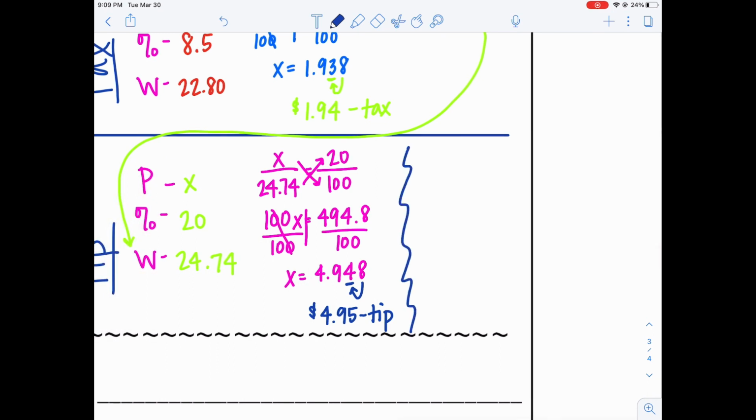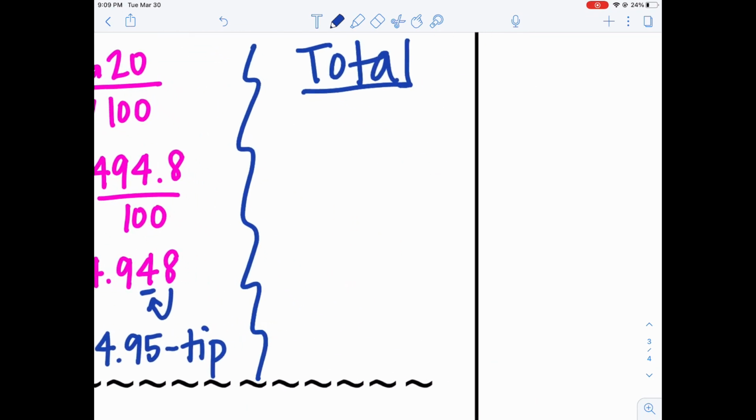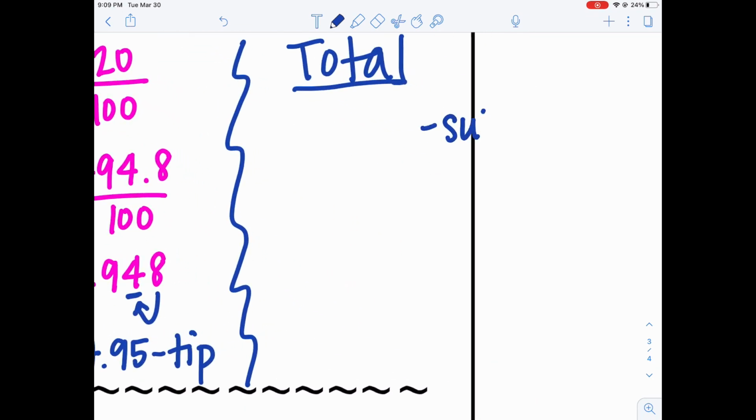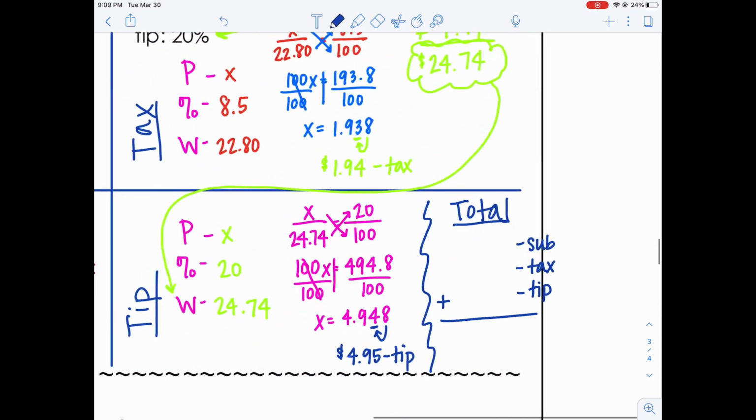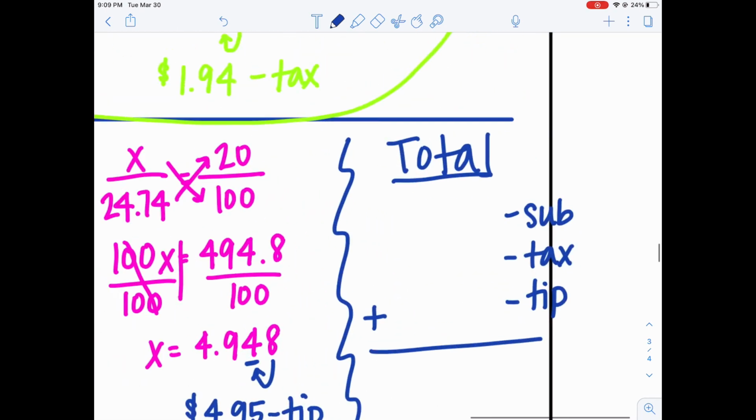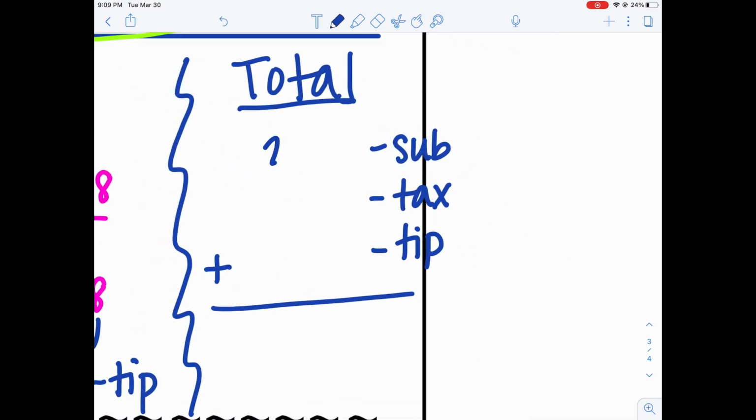The very last thing to do is to calculate the total. Remember, to calculate the total, we need the original subtotal. We need the amount of money we paid in tax, and we need the amount of money we paid in tip. That's why I labeled them, and we're going to add them all together. The original subtotal was $22.80.